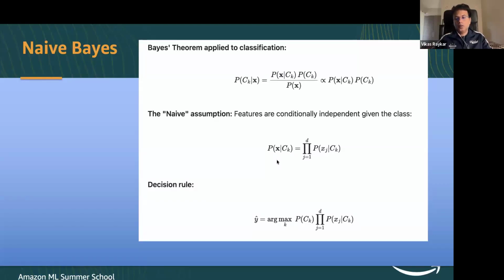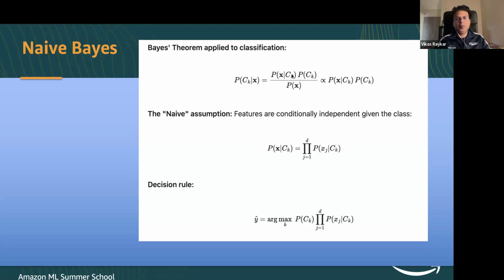Naive Bayes is one of the simplest classification algorithms that you can think of. It's a straightforward application of the Bayes theorem for classification. Let us think that X is your feature vector and CK is your class label. What I'm interested in predicting is, given the feature vector X, what is the probability that this instance has the class CK?